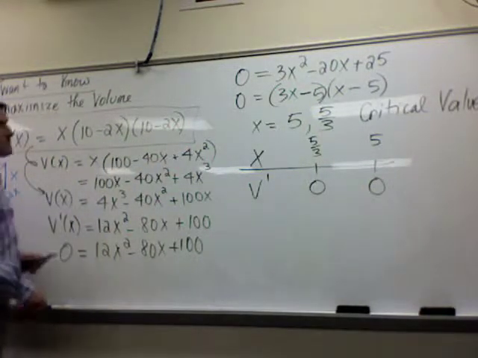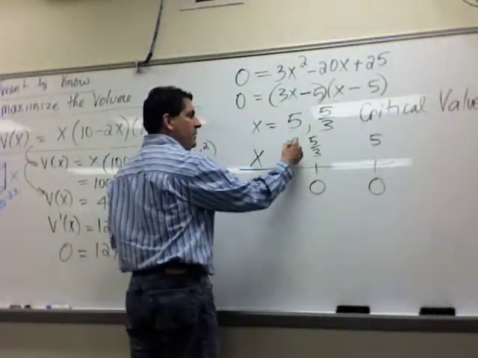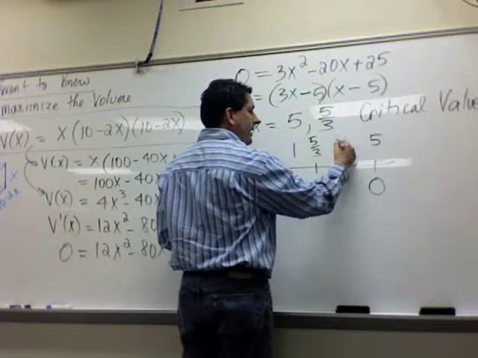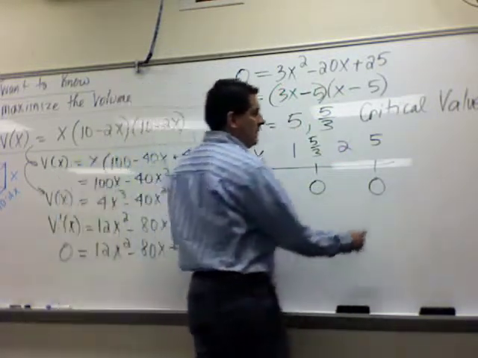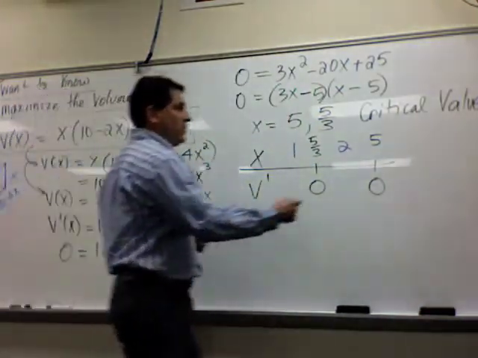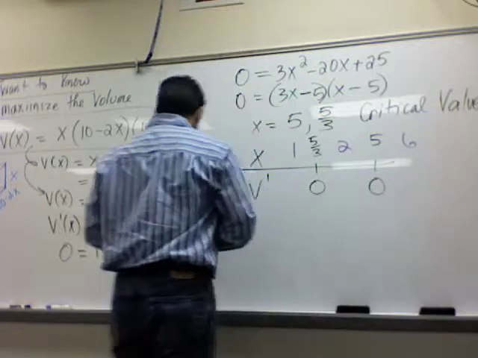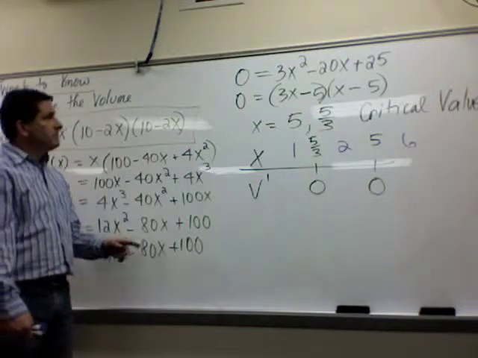Okay. All right. So let's see. That's 1 2/3. So I'm going to plug in 1 and 2. This is on the end here, so we could try 6/2. All right, need your help now. Here's V prime.